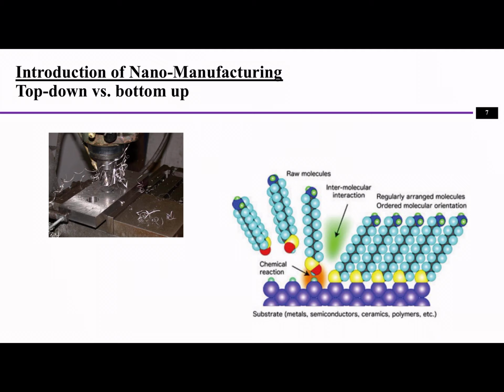So we put several molecules together to form a certain pattern, and then repeat those patterns and create the materials. So this is how nanomanufacturing starts, which is a very bottom-up process.